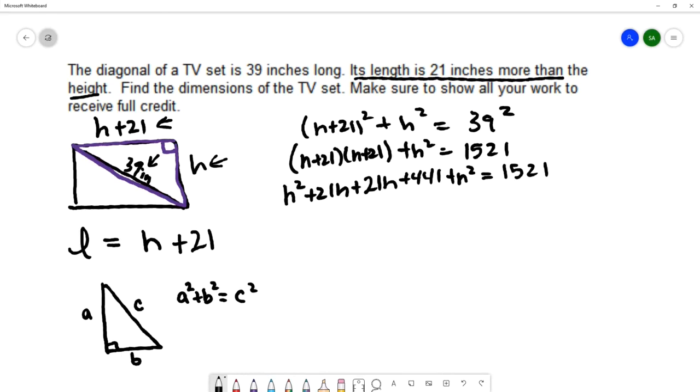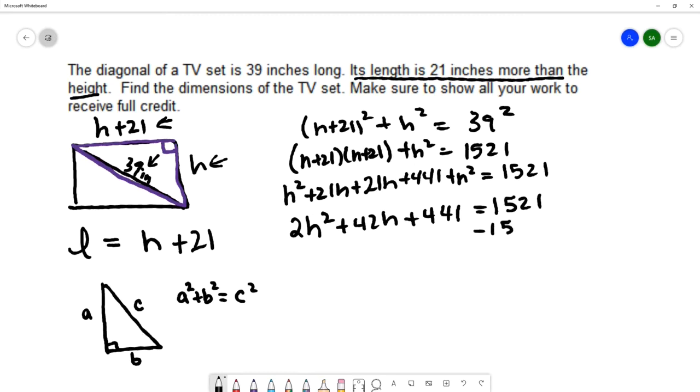I'll combine like terms. H squared plus h squared will be 2h squared. 21h plus 21h will be 42h. And we have 441 equals 1,521. So I can see now that I have a quadratic equation.